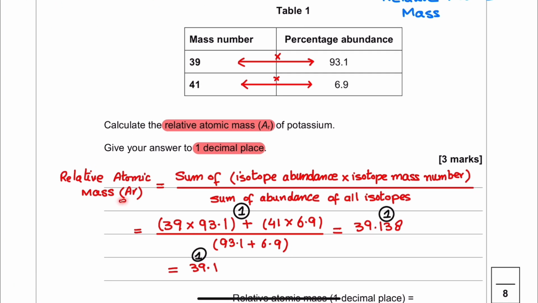Relative atomic mass of potassium, which is represented by Ar, is equal to the sum of isotope abundance multiplied by isotope mass number. So this is the percentage abundance times its mass. And we need to add them together, divided by the sum of the abundance of all isotopes.